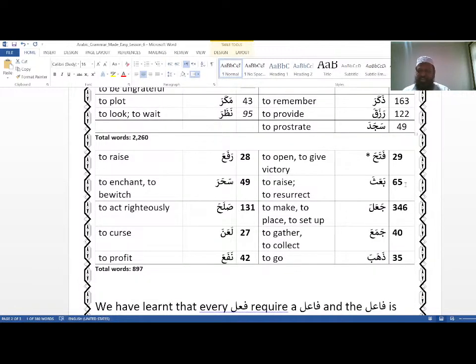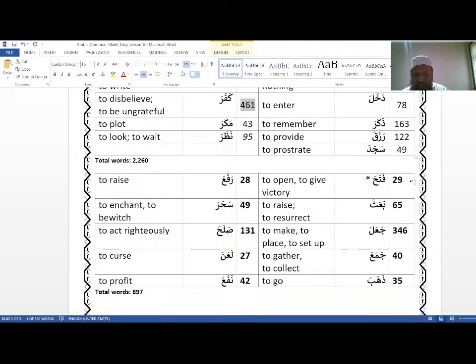Okay, next group. This group is called the Fataha group. Let's go through these verbs. Fataha, to open, to give victory, comes 29 times.